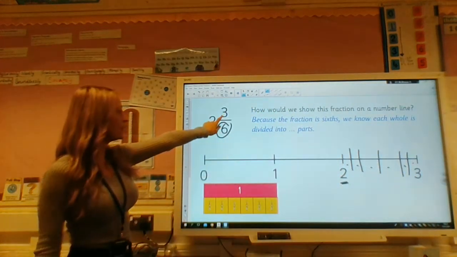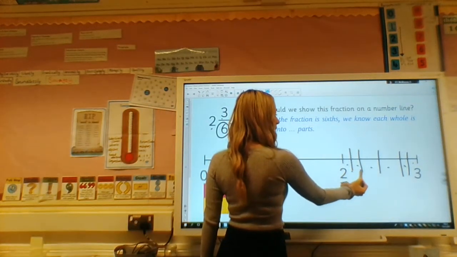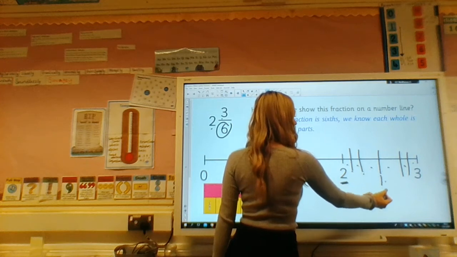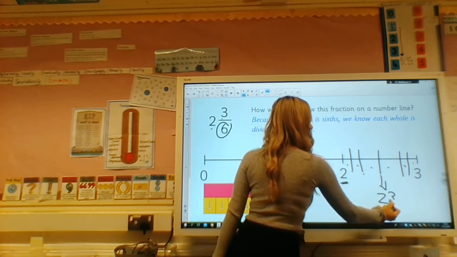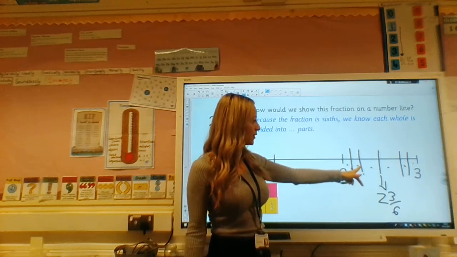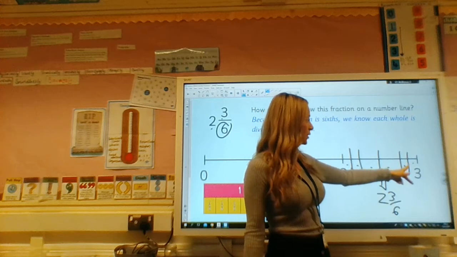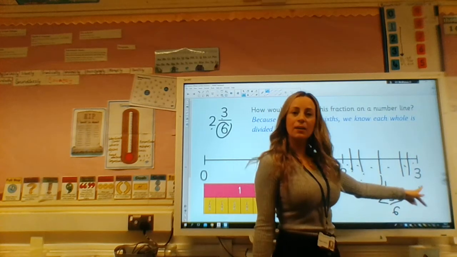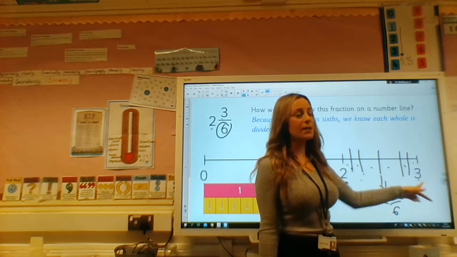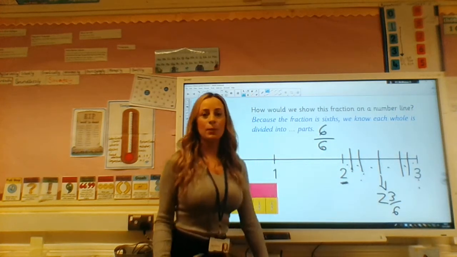And then I am looking at 3 parts of that 6. So there's 1 part, 2 parts, 3 parts. So that's 2 and 3/6. This line would be 2 and 1/6, 2 and 2/6, 2 and 3/6, 2 and 4/6, 2 and 5/6, and then the next whole number, because that would be 2 and 6/6. And remember, if the denominator and numerator are the same, then it becomes the next whole.